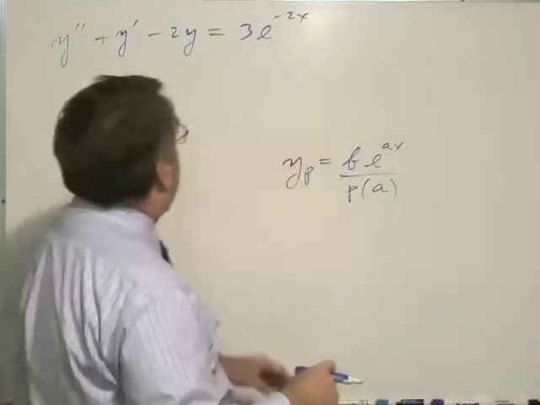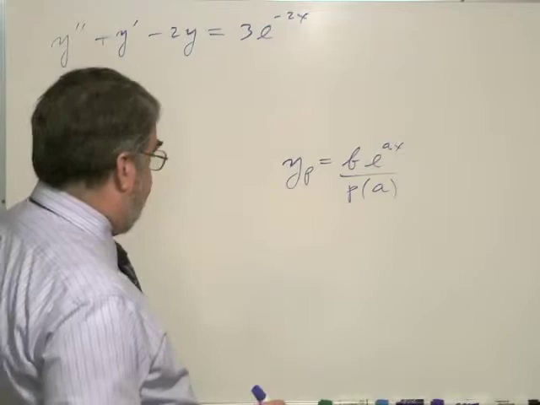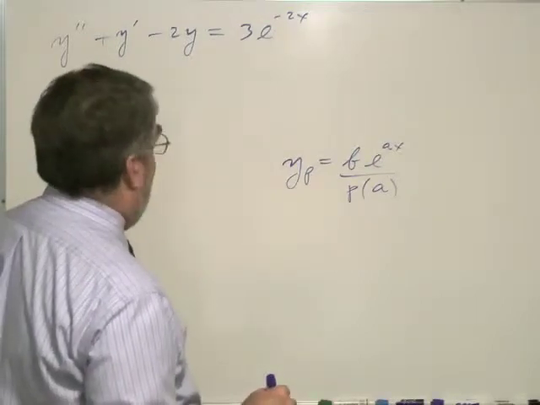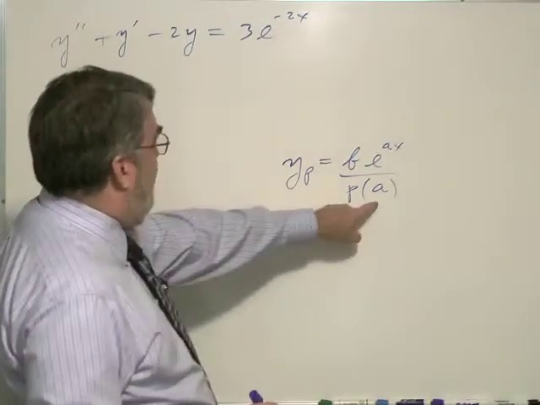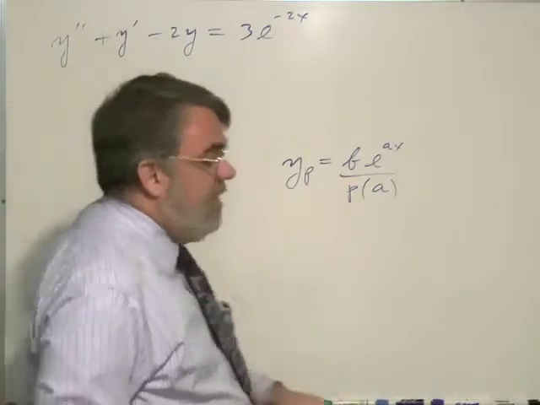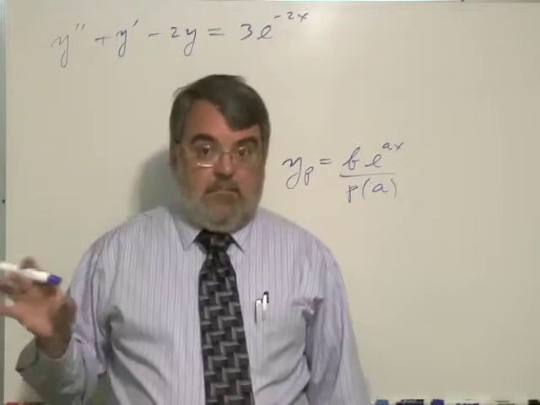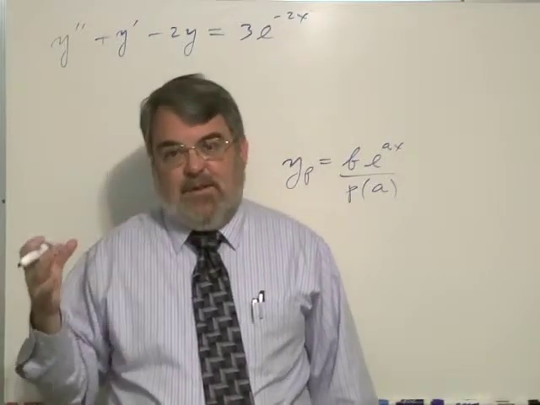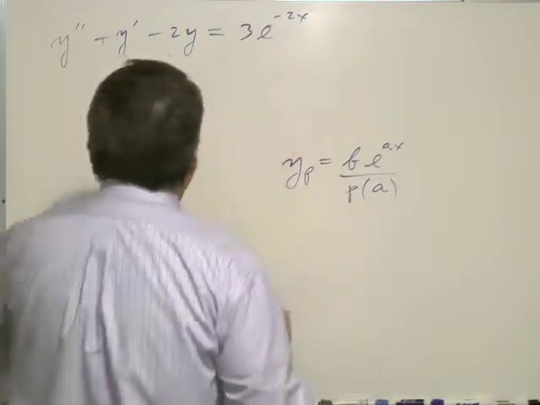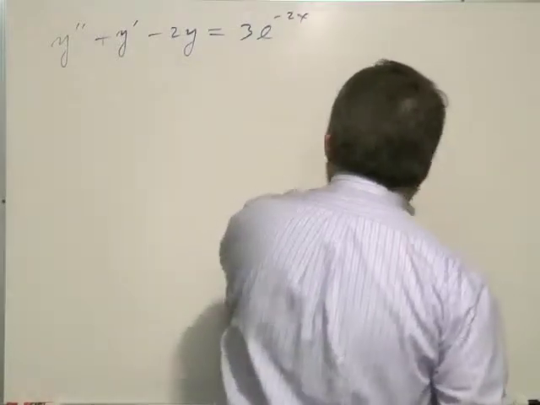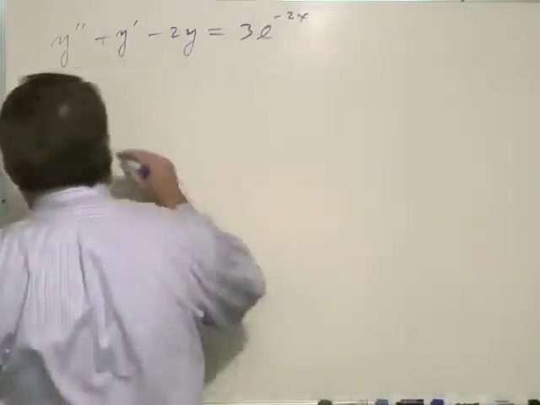And the problem is that it won't work in this case because p of a is going to be 0. So I'll show you all that. If you're keeping score in our book, it's case 6 in this topic. Well, okay, let's look at the operator.